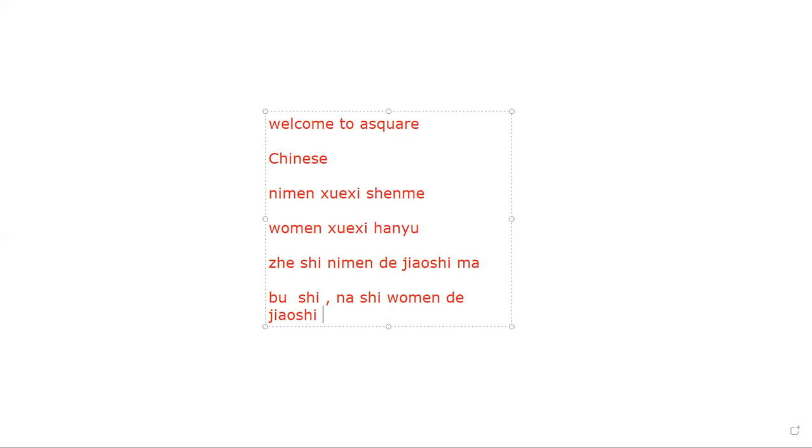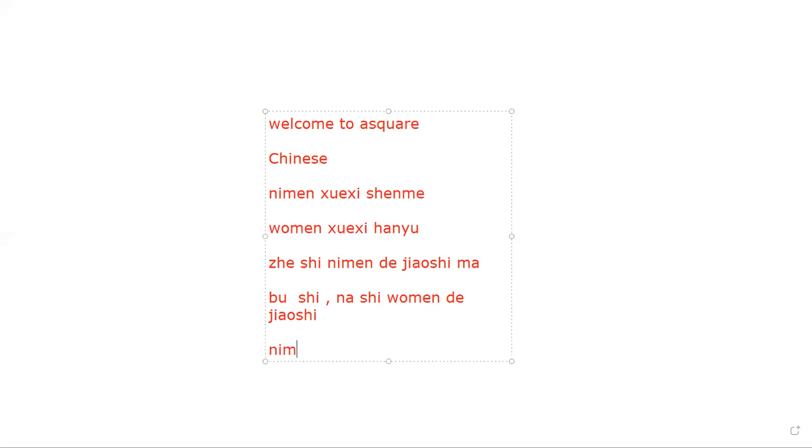No. Now, for example, there's a comparison between two teachers. One teacher is standing and the second teacher is also standing. I will say zhe shi nimen de laoshi ma. Bu shi. Na shi women de laoshi. It means that is our teacher, not this one. Is it clear to you? Na is that. Shi is to be. Women de laoshi. Is it clear to you?